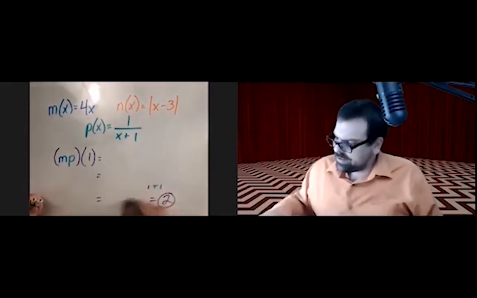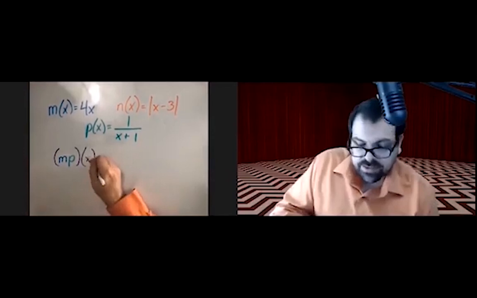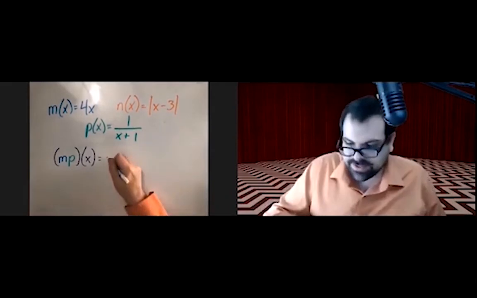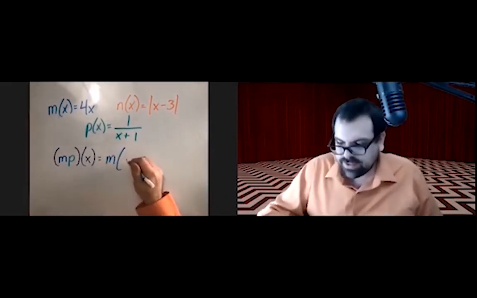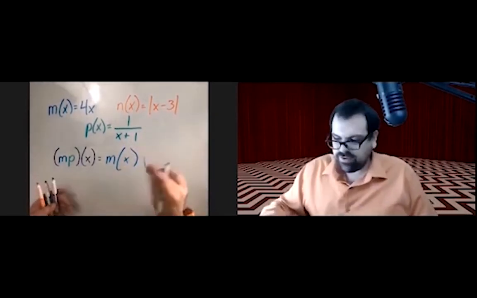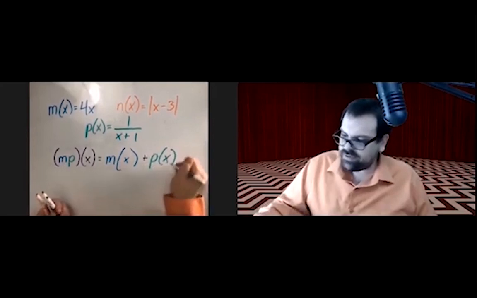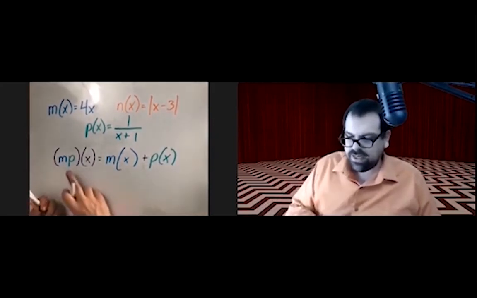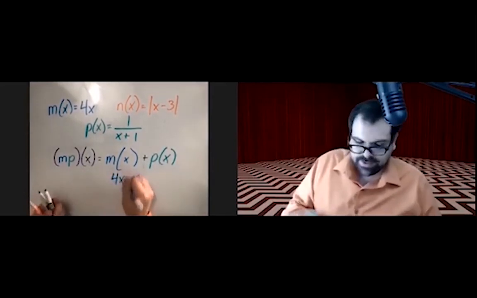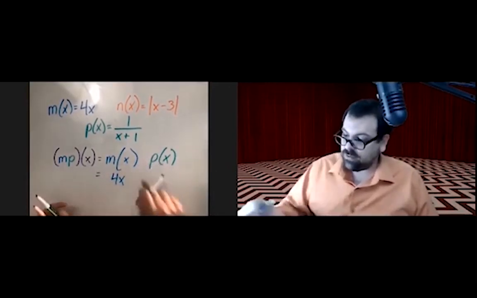For the next one, I'm going to get rid of the number entirely. I'd like us to just find mp of x. Well, that's going to be m of x times p of x. We don't have a different number to plug in, so it's just our basic definition. So that's 4x, times, or sorry, I wrote plus there.